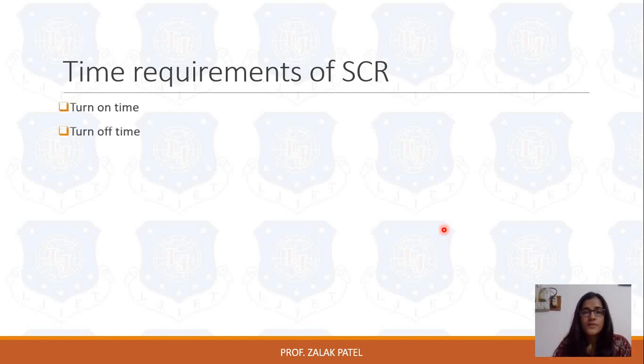So we should consider the turn on and turn off time of SCR. Ideally the turn on and turn off time should be 0, but practically that is not possible, so practically we should keep it as minimum as possible.